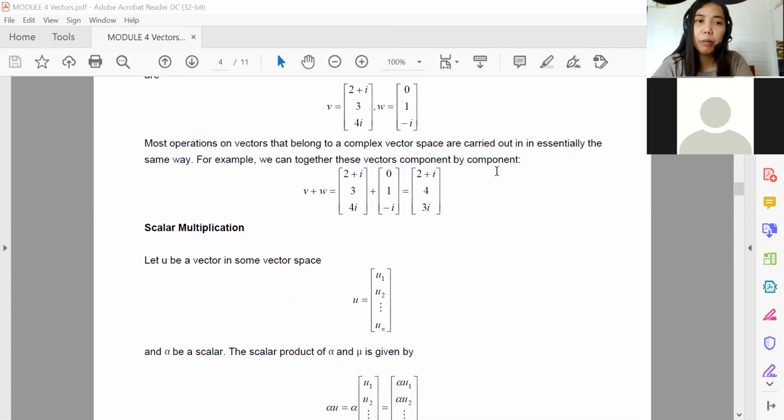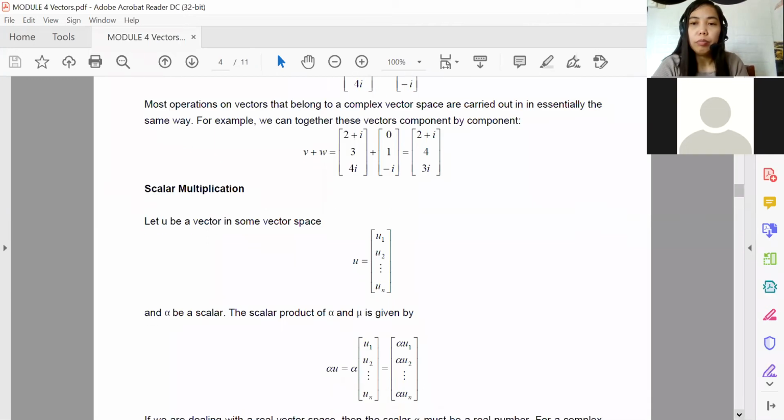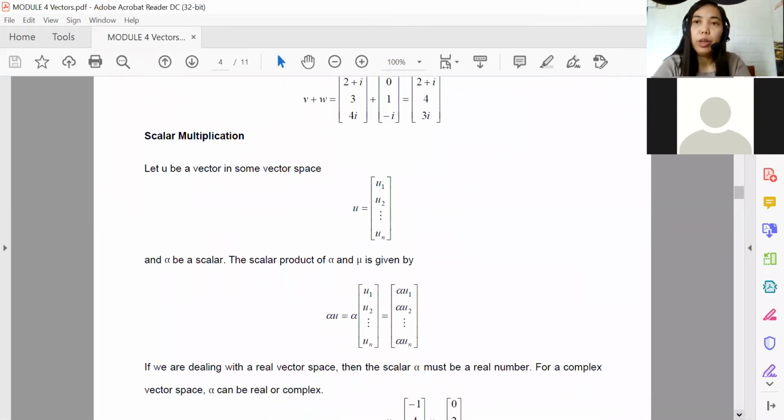Next, scalar multiplication. Let u be a vector in some vector space. So we have vector u sub 1, u sub 2, up to u sub n, and of course, alpha be a scalar. The scalar product of alpha and u is given by... So we have scalar multiplication, right, as in multiplication on matrices.